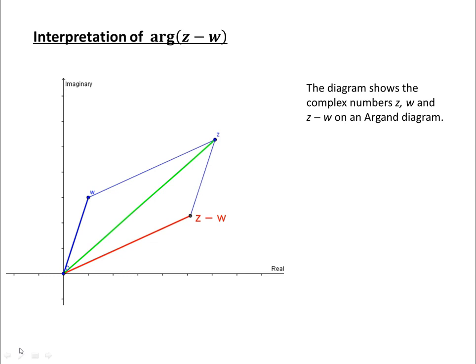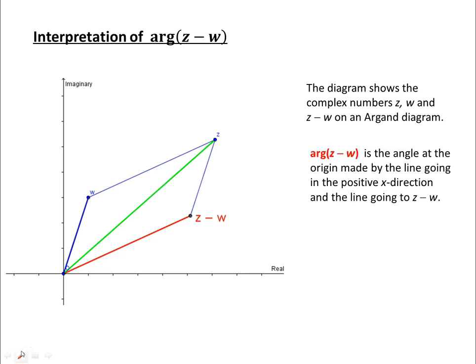So we need to interpret arg of z minus w. Now arg of z minus w is the angle at the origin made by the line in the positive real direction and the line going off to z minus w. Now, we know that the quadrilateral formed by the origin, w, z, and z minus w is a parallelogram.